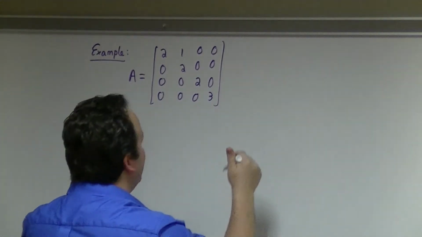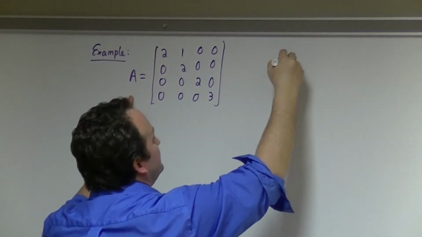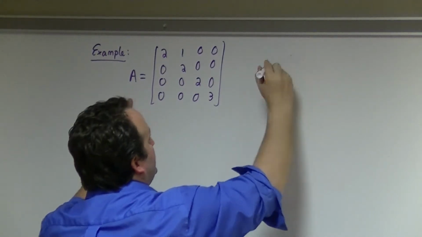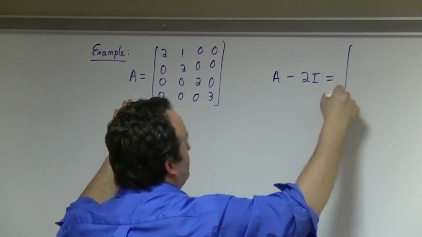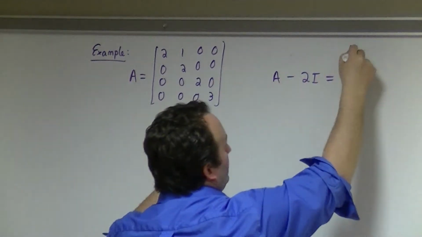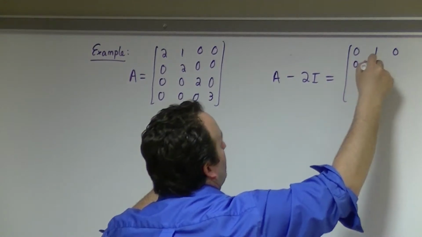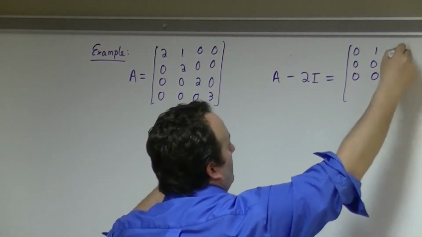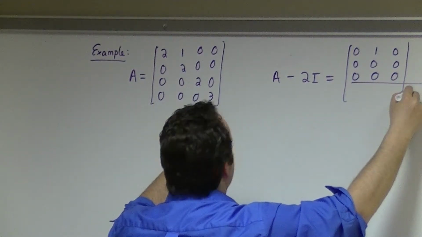Okay, so check this out. All right, so A minus 2I, what's that look like? Oh, 3 minus 2 is 1.